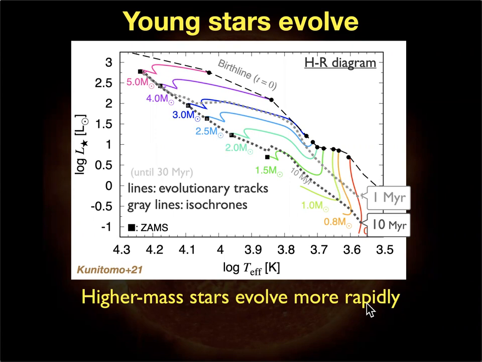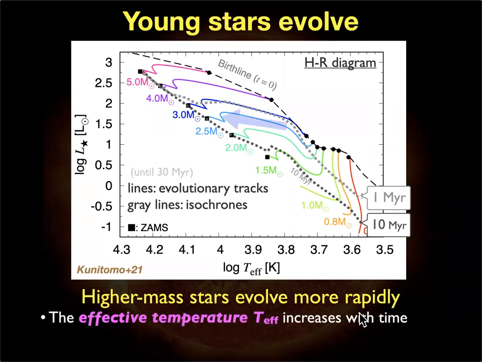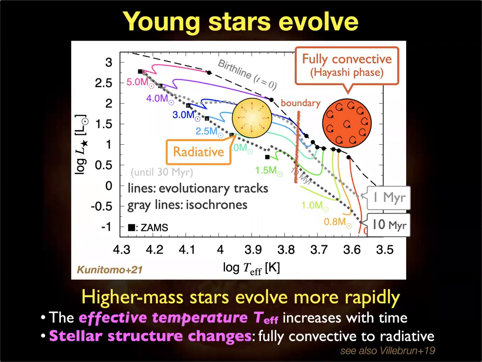And here I'd like to emphasize two key features. First, the effective temperature of high mass stars increases with time rapidly before the disk dispersal. The other key feature is the stellar structure evolution. The low mass stars are on their Hayashi track, so they have fully convective structure.